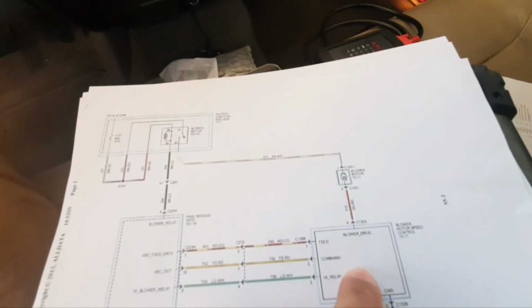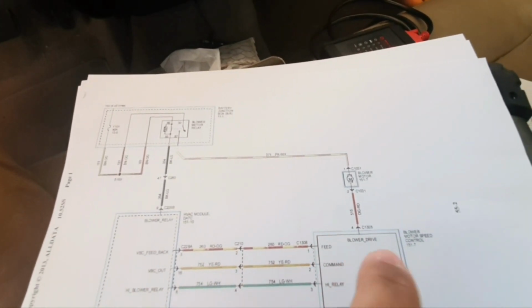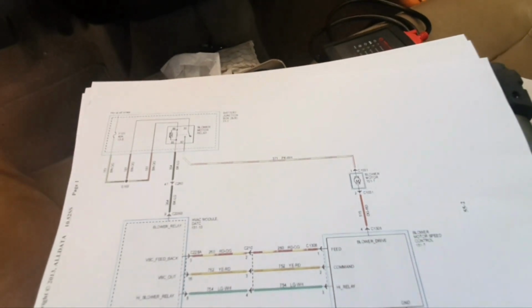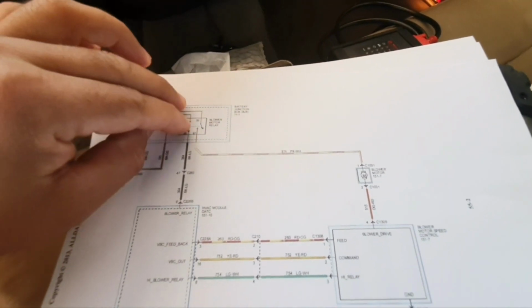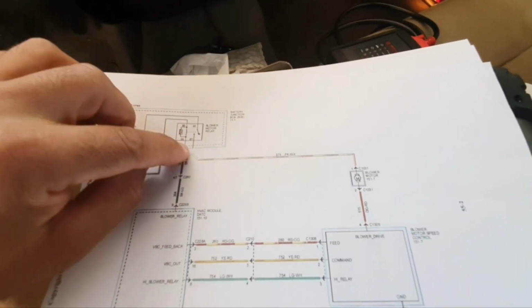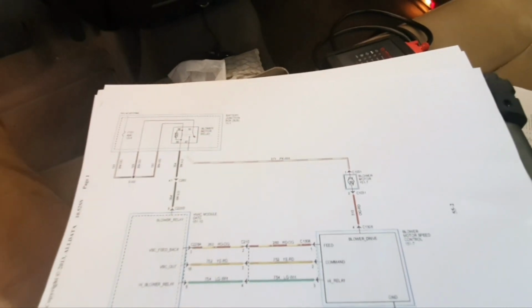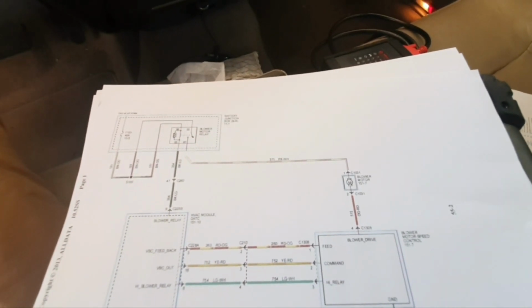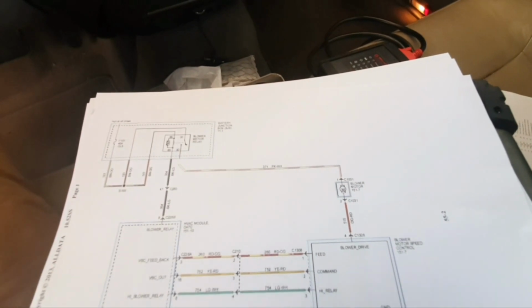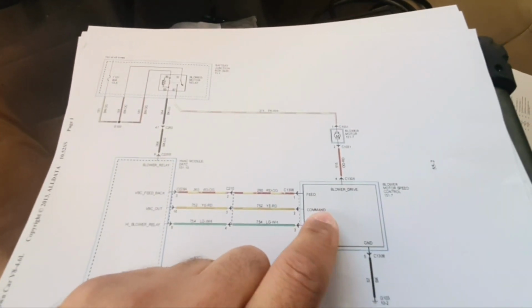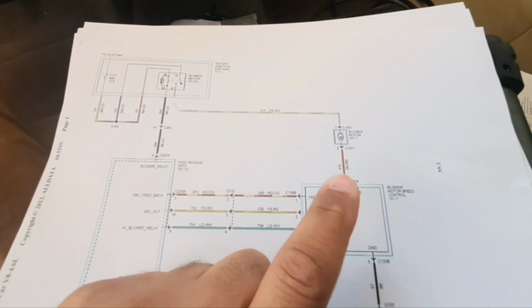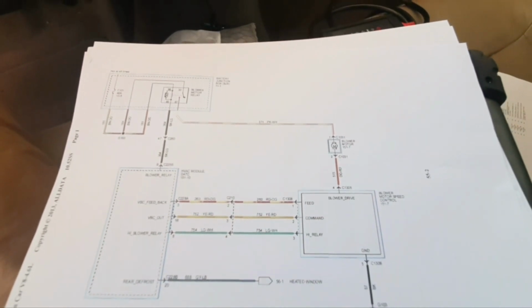That means that we have a short in the speed controller. Without turning on the car, I will just put a piece of wire at terminals 30 and 87 of the relay, and if the blower motor starts running, then we know that we have a short at the speed controller. Okay, so let's go and check it.